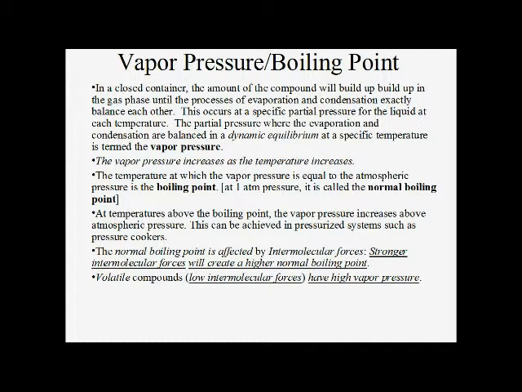Strong intermolecular forces will equal higher boiling points. And if we have low intermolecular forces, we're going to have higher vapor pressure, and the compounds will volatilize easily. So we'll have volatile compounds when we have low intermolecular forces.